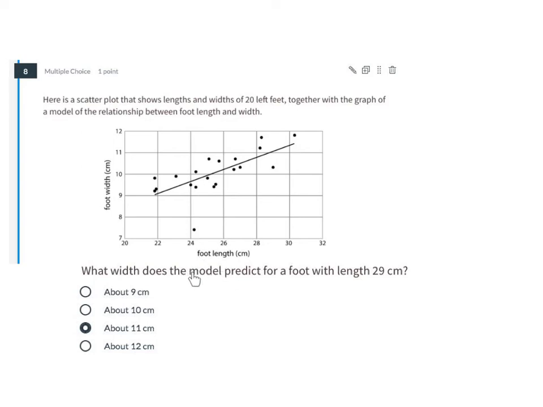The model is the line, okay? So we're talking about the line, not the actual points, but the line. So if we follow the line, and we're looking at 29, 29 is going to kind of be here. If we follow the line, the width is going to be 11. Okay, again, the model is the line on the scatter plot.